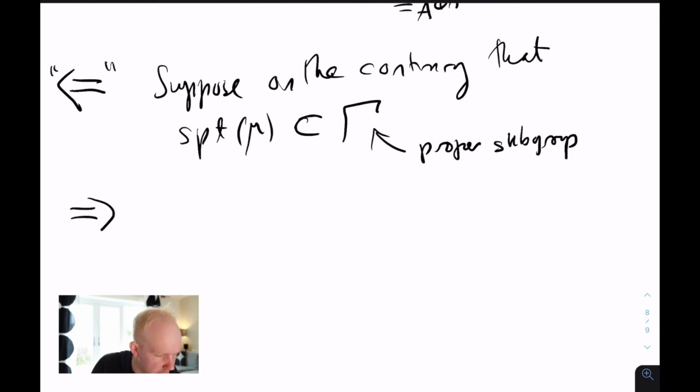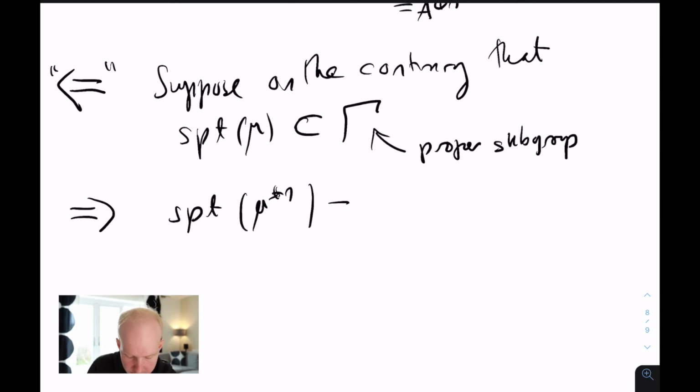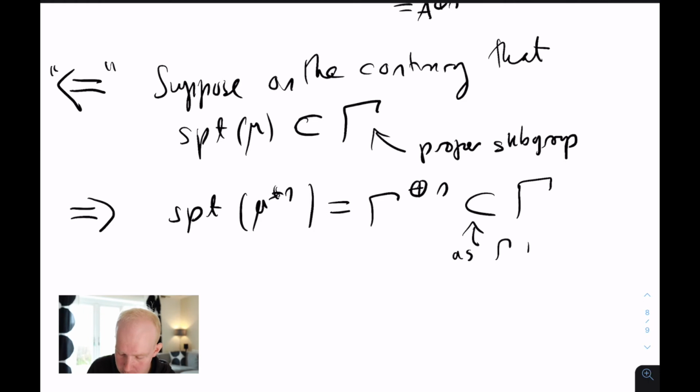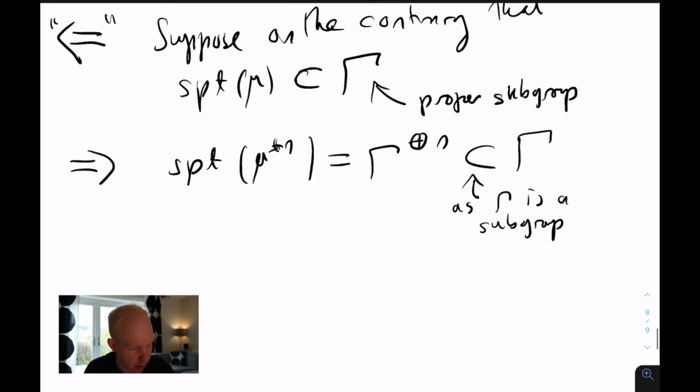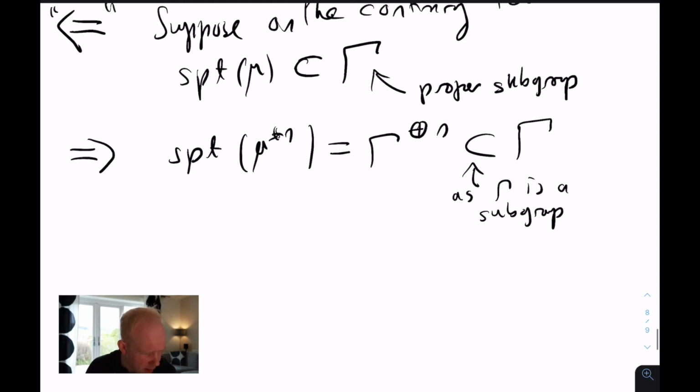Because now this implies that the support of the mu star n, which is now remembered by the sum position, but because this is a subgroup, this is actually equal to gamma, as gamma is a subgroup.